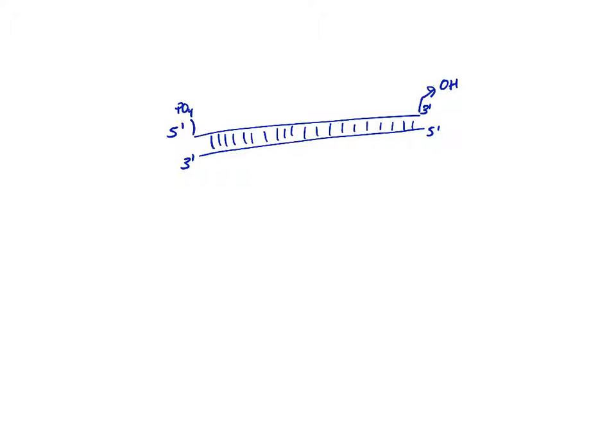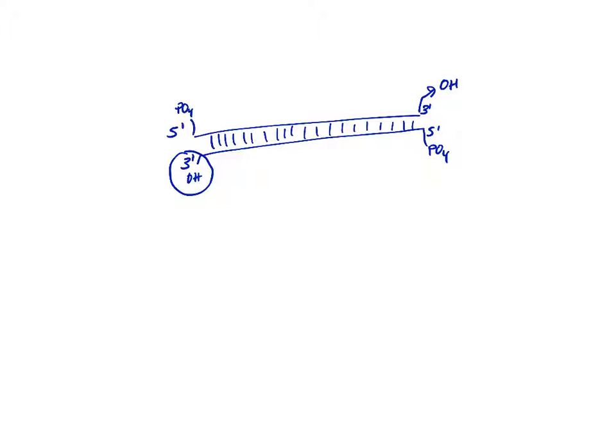Same thing over on the other strand: there's an OH here, and over here there's a phosphate. So that's important. This particular 3' OH is important, and you'll see that in a second. So we always have 5' to 3' in opposite, what we call anti-parallel directions.